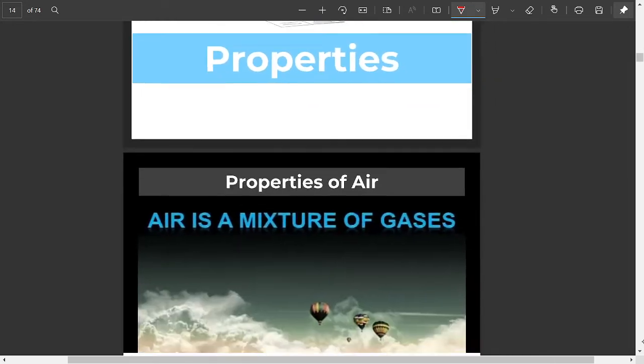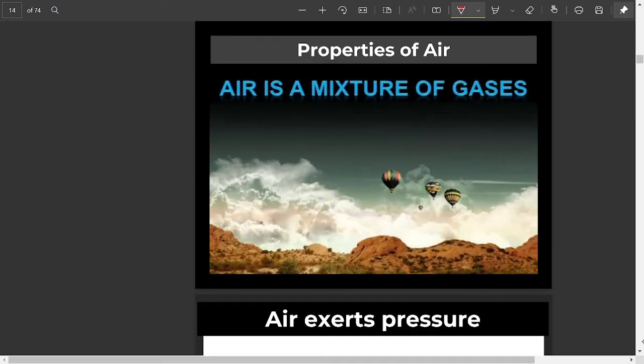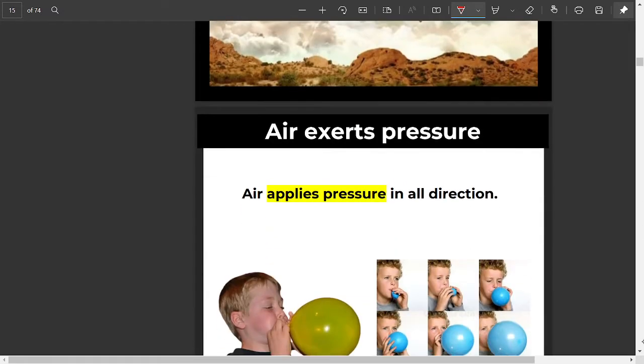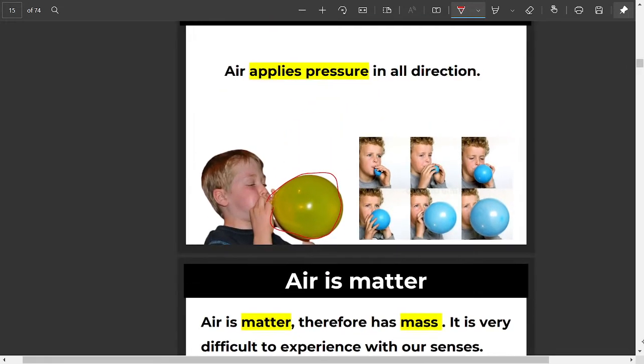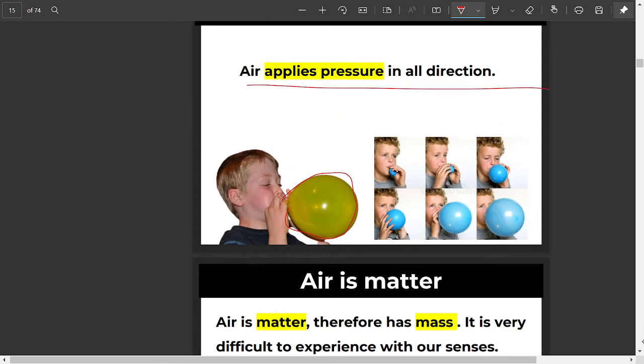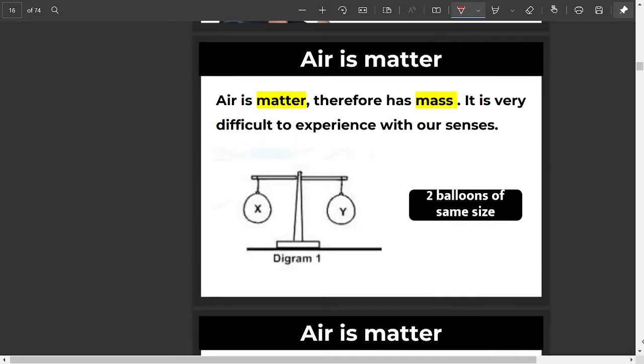Now, what are the properties of the air? Air is a mixture of gases, we already know. Air exerts pressure, like when we make a balloon, it needs some pressure, so air applies pressure inside it in all directions. Air is a matter, therefore it has mass.